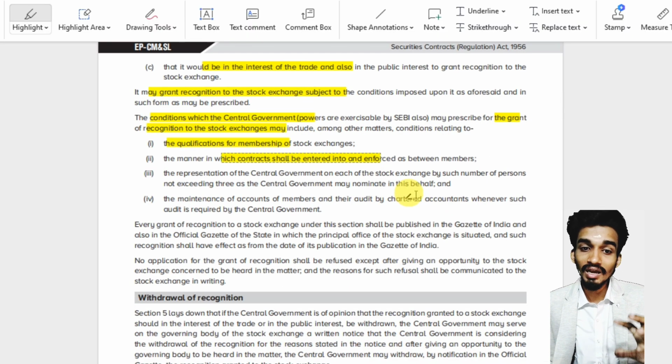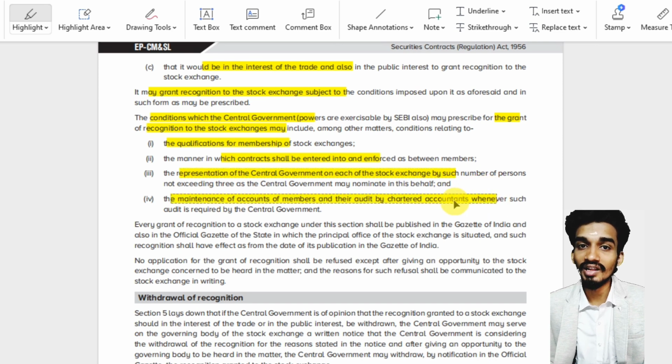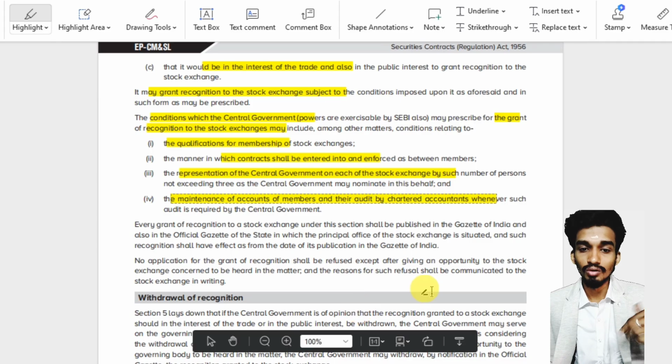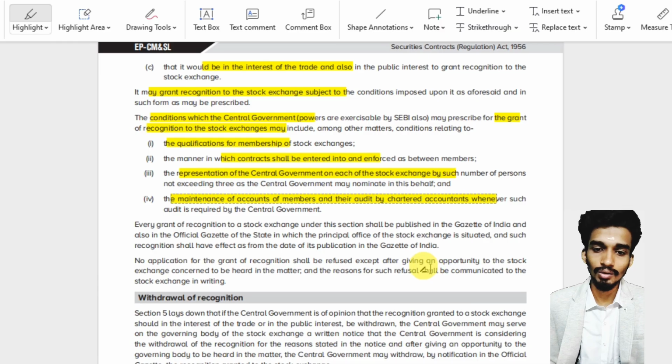So the representation of the central government on each of the stock exchanges, the maintenance of accounts of members. You have rules like audit requirements, the rotation of data. So many rules can be imposed whenever you are recognizing a stock exchange.